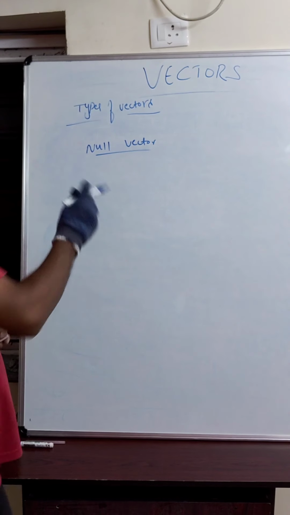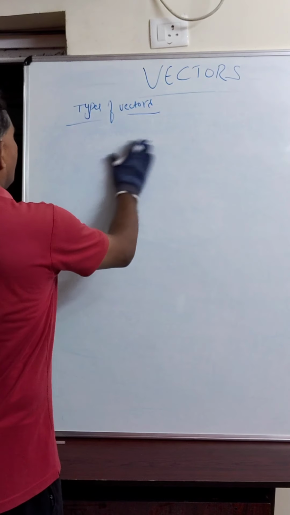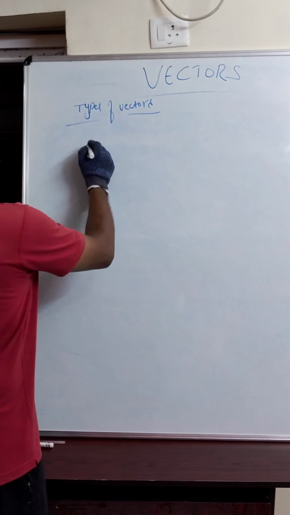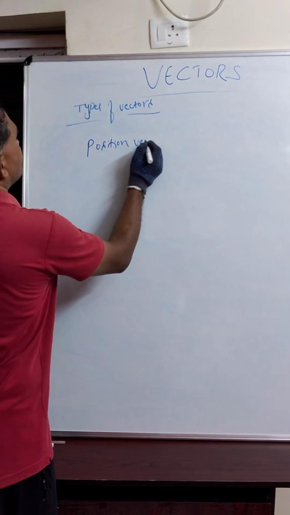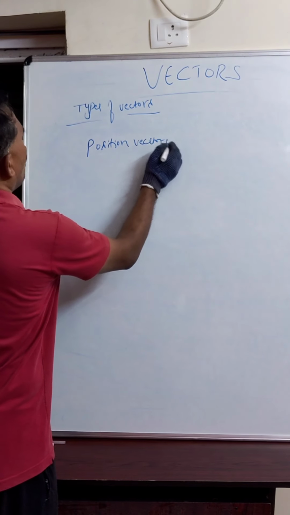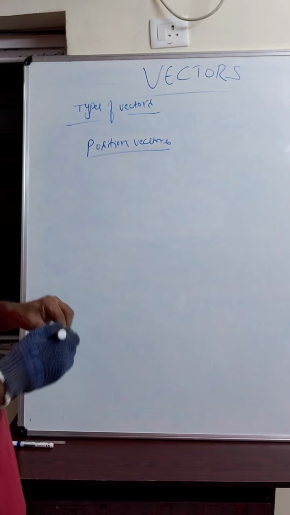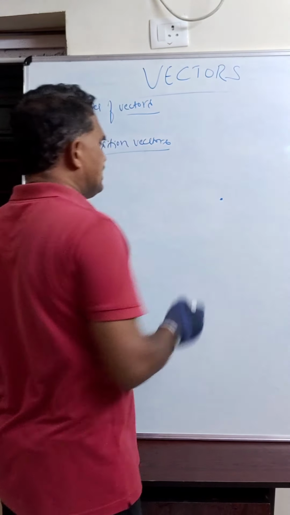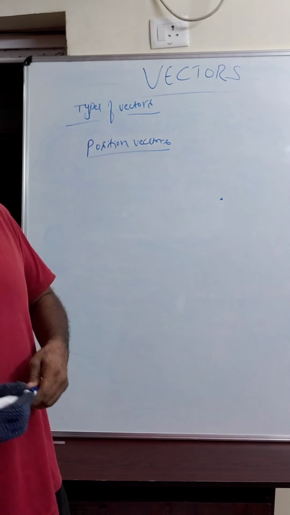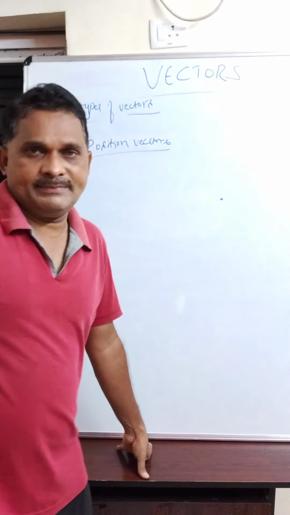Okay, after the null vector, very important: position vector. What are position vectors? Very easy, simple. Suppose I draw a point here, and I want to ask you what is the position of that dot?